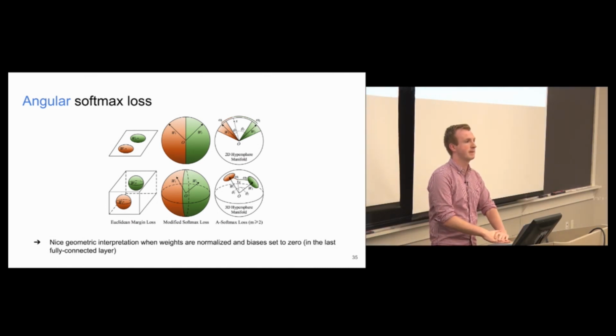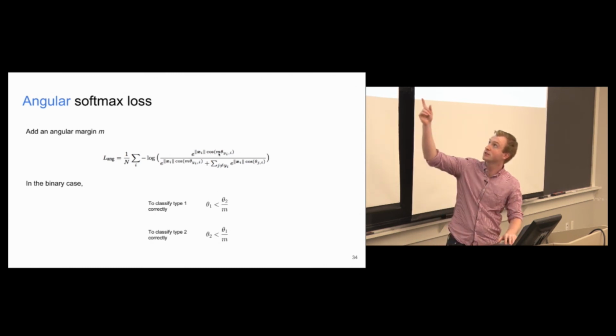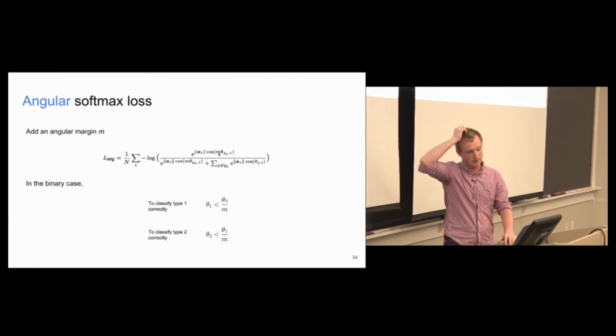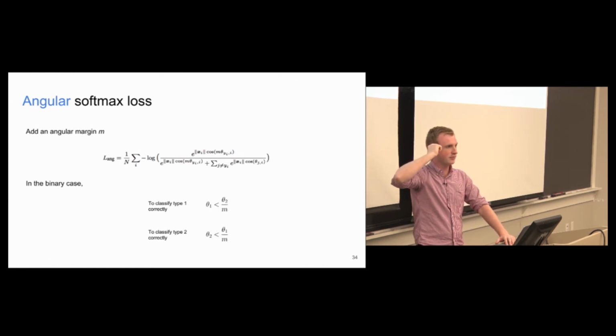So when you say implement this, are you saying go back to the previous slide and implement that math in your criterion object? Yeah, but there are some things you're going to have to consider. For example, this term here, the cosine of m theta yi, its domain is from 0 to theta over m.